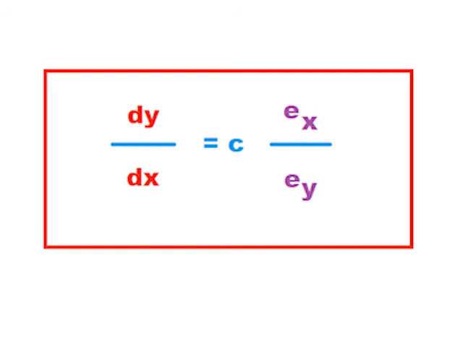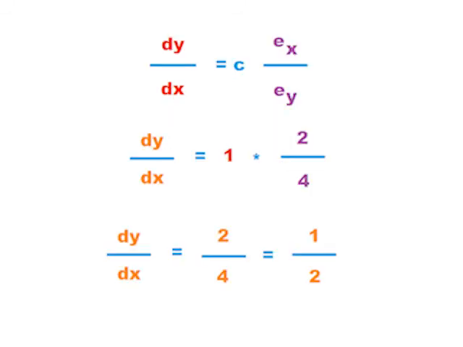Our newly derived geodesic formula: dy over dx equals c times ex over ey. Well, the constant in this case is 1, since dy over dx equals 1 for the first block.